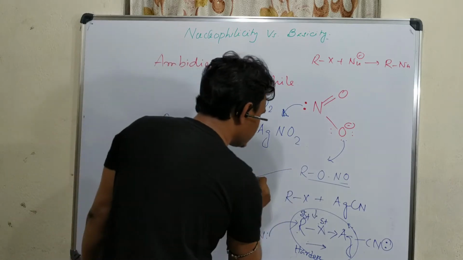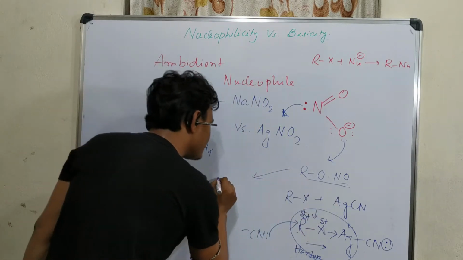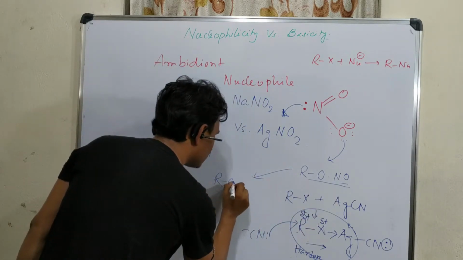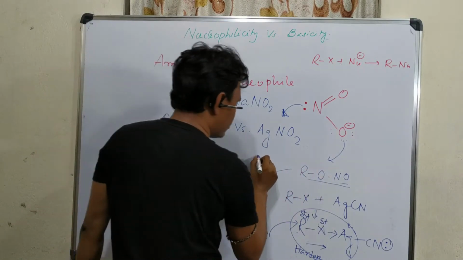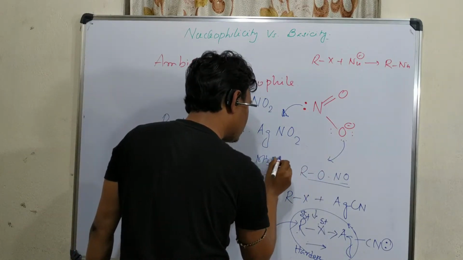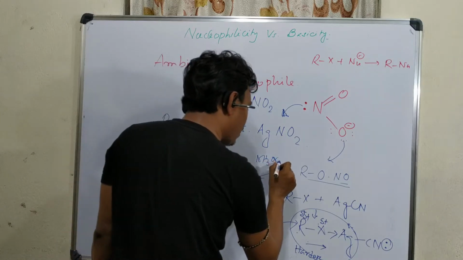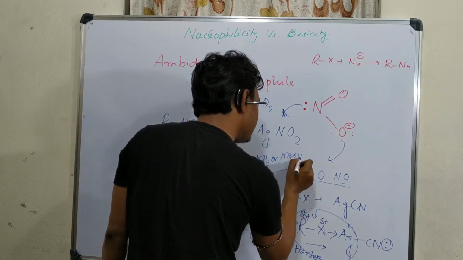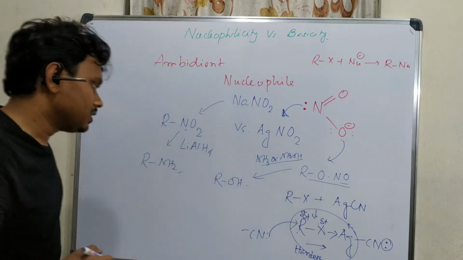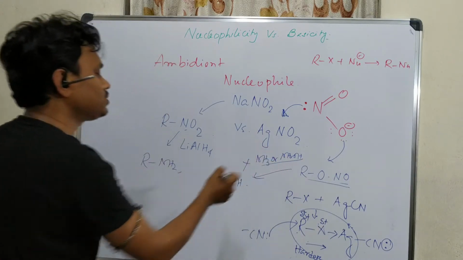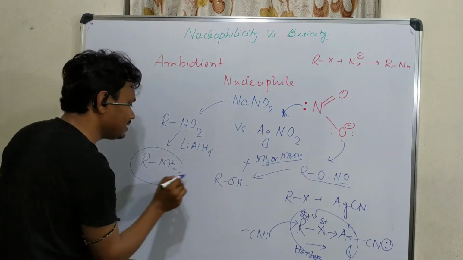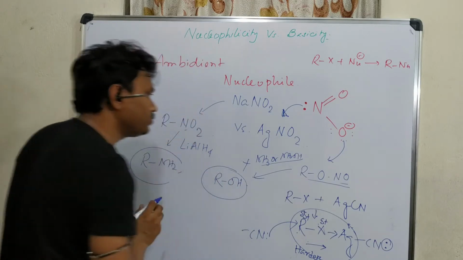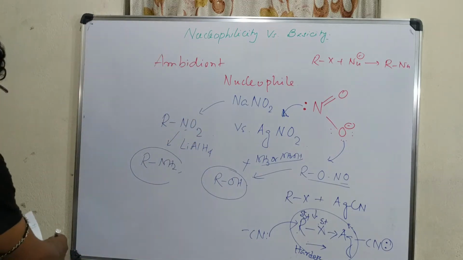But if you reduce the other, it will produce alcohol, and additionally ammonia or hydroxylamine depending on the reaction conditions. So here one product is amine, another is alcohol. This is the proof of this concept.